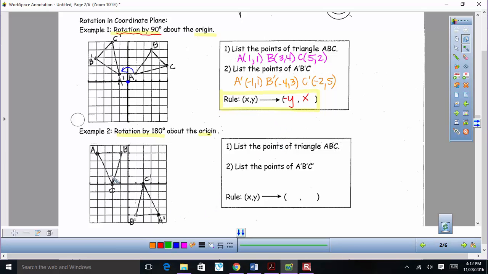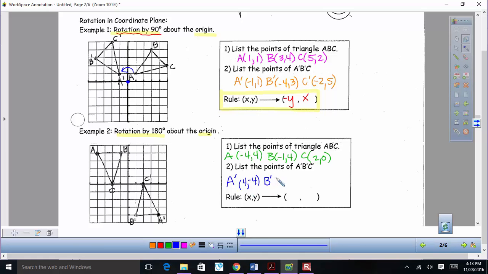So let's go ahead and list our points for A, B, and C. A is going to be (-4, 4). B is going to be (-1, 4). And C is going to be (2, 0). Now, let's look at A prime, B prime, and C prime. A prime is going to be (4, -4).